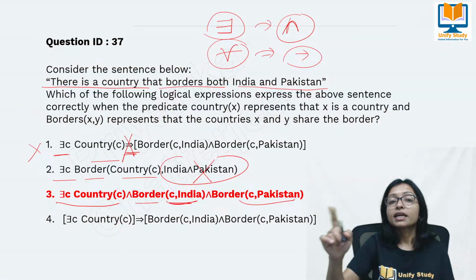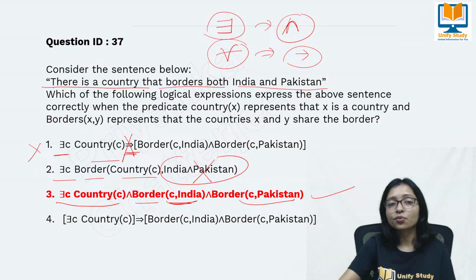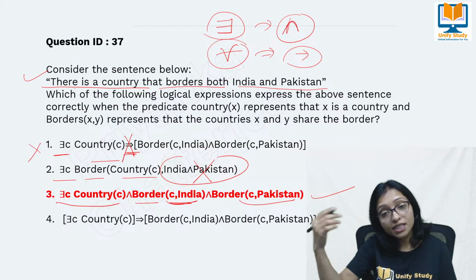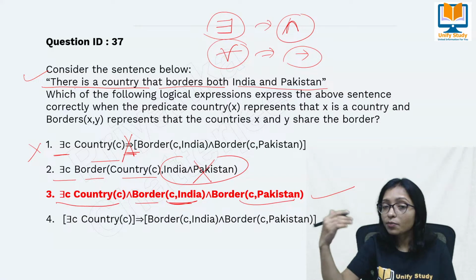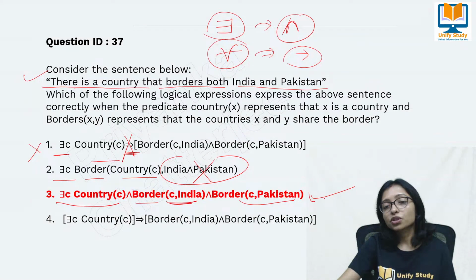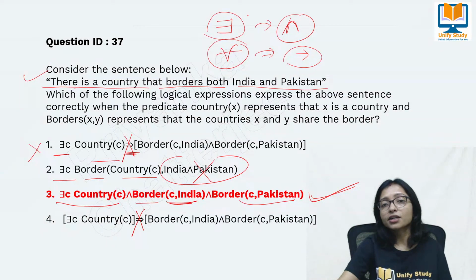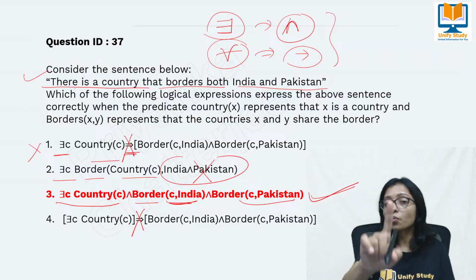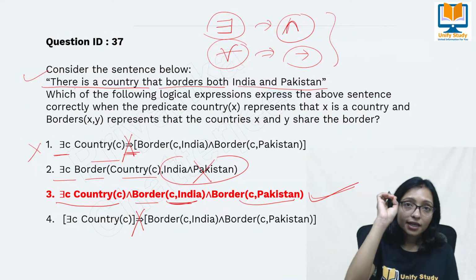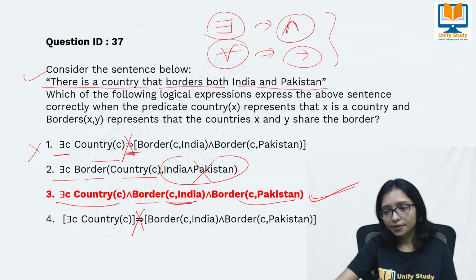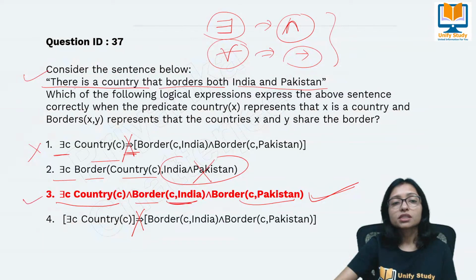That means it is completely related with this sentence. There is a country which is border of India and border of Pakistan. This one is the correct one. This is implication, this is wrong. So remember the trick; using this trick many times, it will be easy to find the correct answer. Okay, so this is the correct answer.